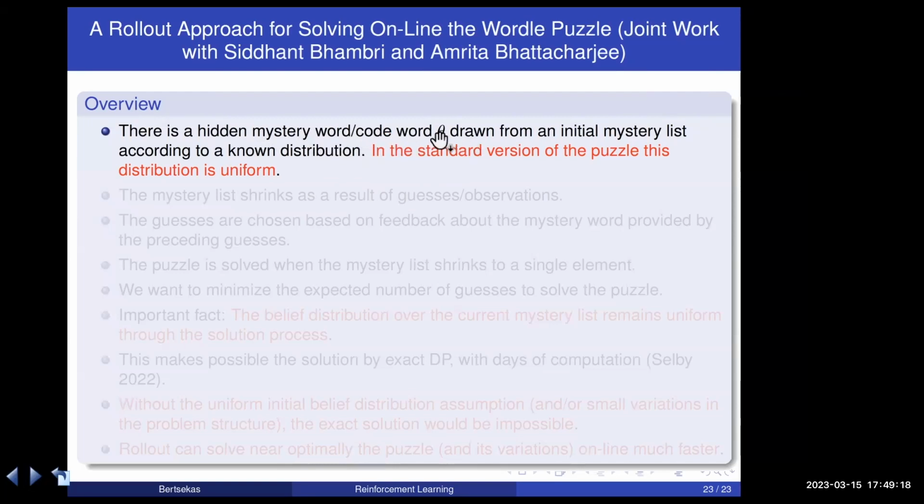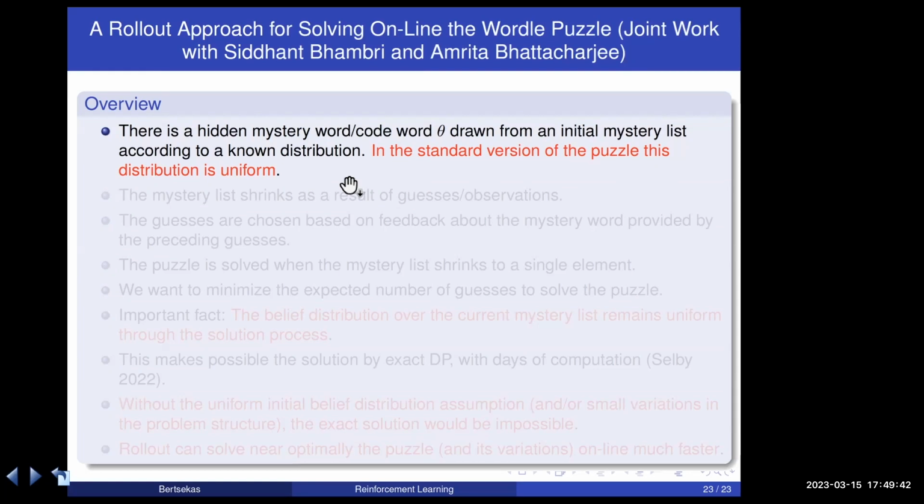The mystery word is drawn from an initial mystery list of, like in the New York Times version, about 2,500 mystery words. According to some distribution, in the standard New York Times version, the mystery word is chosen according to a uniform distribution, but of course it's hidden.